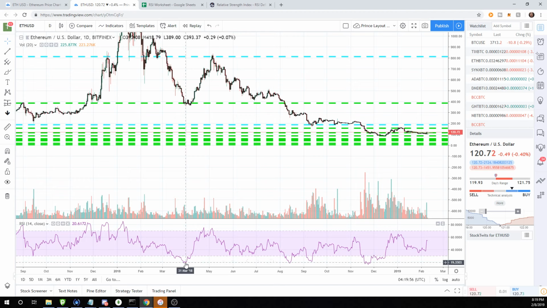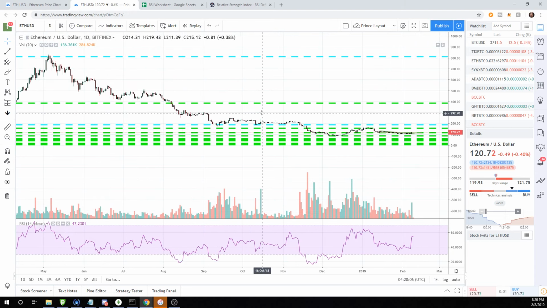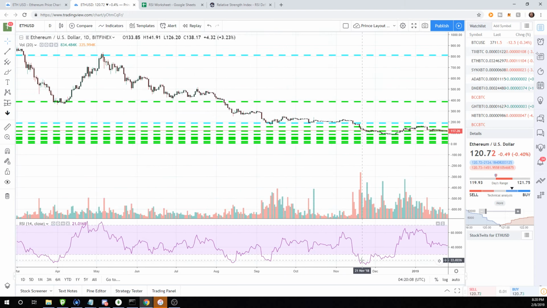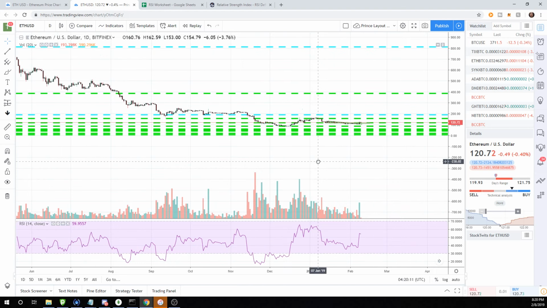Here's a case where the RSI was below 20 and the market went up, and then traders reacted and the market went up again, right? Here's a case where the RSI was below 20 and look at the spike that followed. More cases of RSI below 20, okay? And then when we get sideways action, well, the RSI goes sideways, right? No matter where in the chart we are, the RSI will always tend towards 50 when we have sideways action.